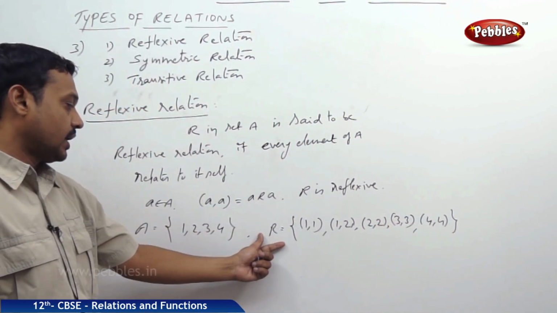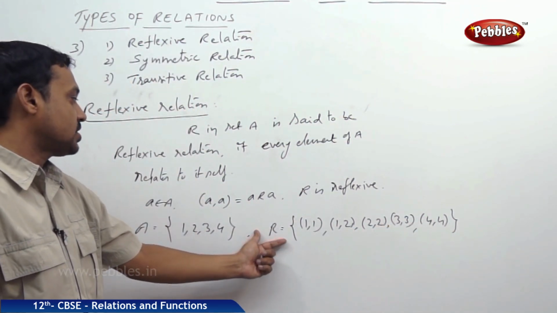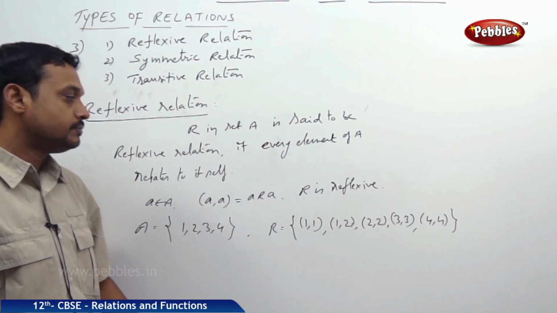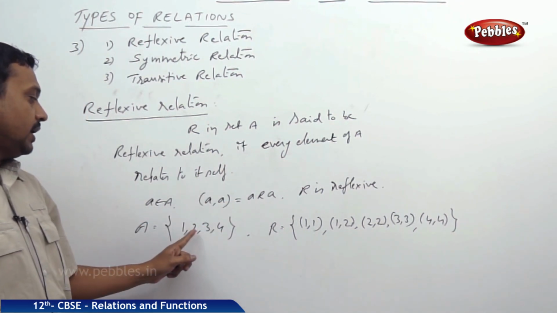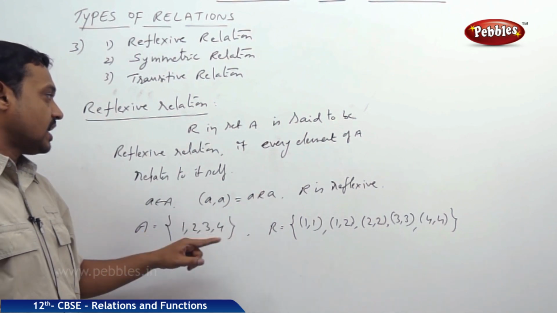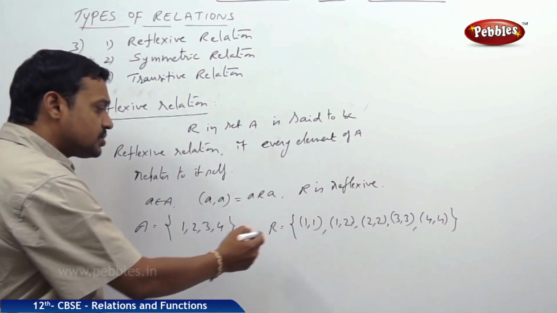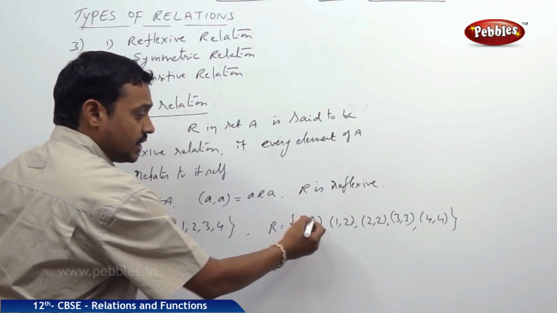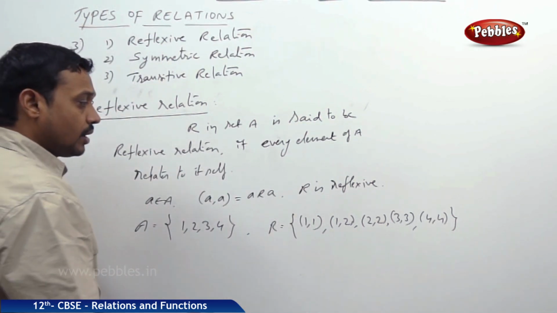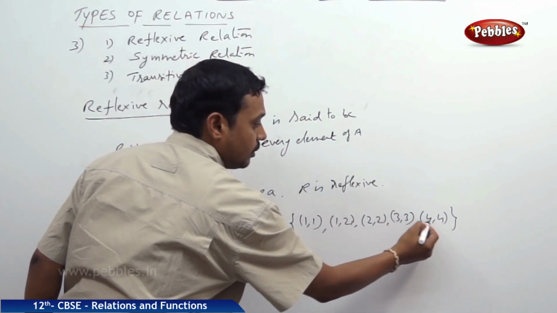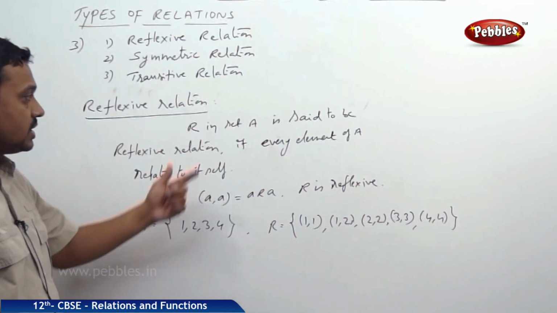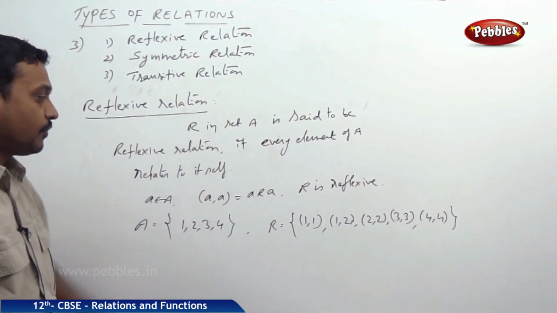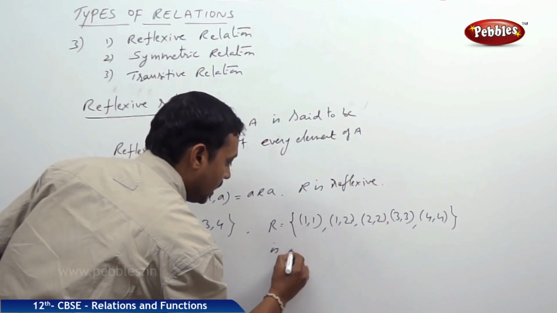One relation I have taken. Now let us check whether this relation is reflexive or not. See, every element in A is mapping to itself. That is the definition. Now check there. Yes, 1 is related to 1. So 2 relates to 2, 3, 3, 4, 4. Yes, therefore this definition is verified. Hence it is a reflexive relation.